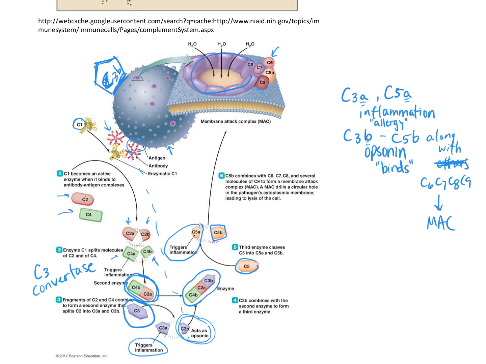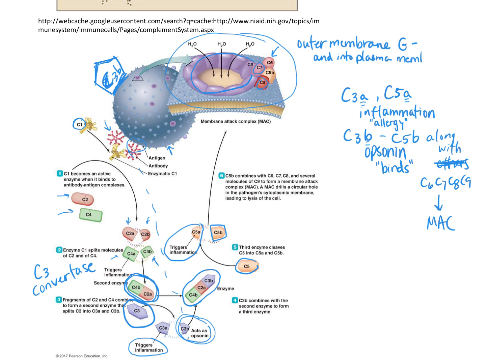So that membrane attack complex is poking a hole actually in the outer membrane of gram negatives. And it's actually strong enough to poke through that thin layer of peptidoglycan and into the plasma membrane.